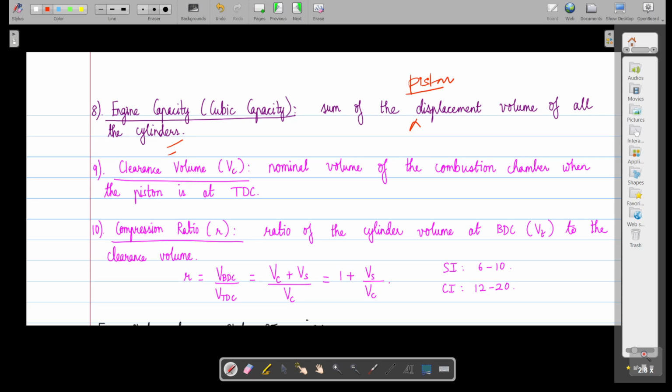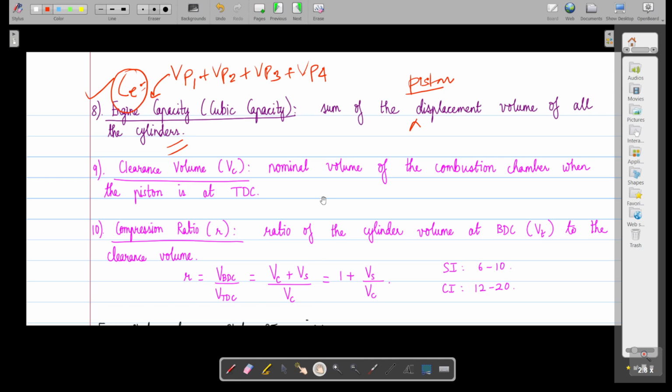Adding the piston displacement volume of the first cylinder, VP of 2, VP of 3, and VP of 4, all this becomes the engine capacity CE. You should know that.